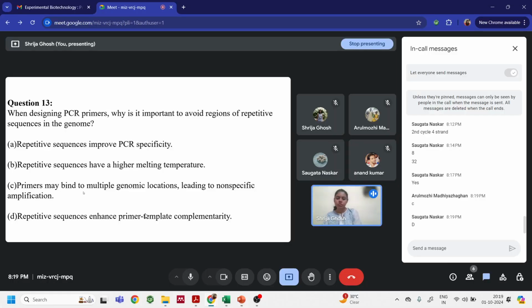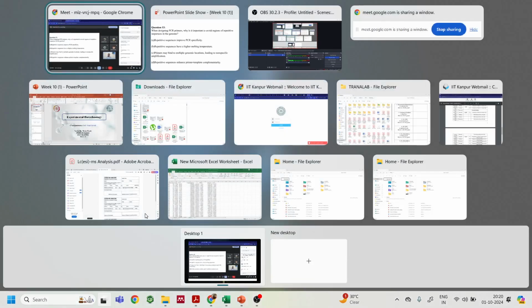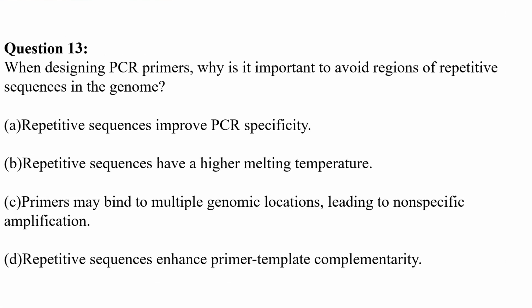So Agatha says option D, and Arul Mozi says option C, primer may bind to multiple genes. Yes, option C is the correct answer. So if we have a long genomic DNA and we choose a region of repetitive sequence, so by repetitive sequence what do we mean?